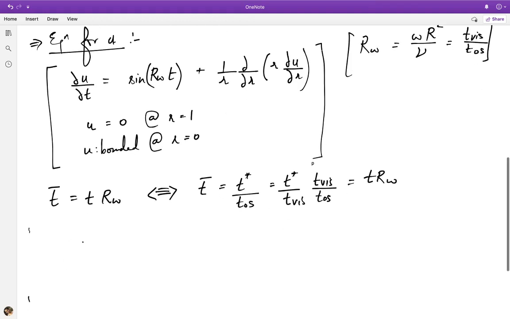Okay, so for the moment, let's look at the rescaled equation, which will be ∂u/∂t bar times rω, because t is t bar over rω. So if I substitute that here, I get rω in the numerator. This must be sine of t bar, and this term remains the same.